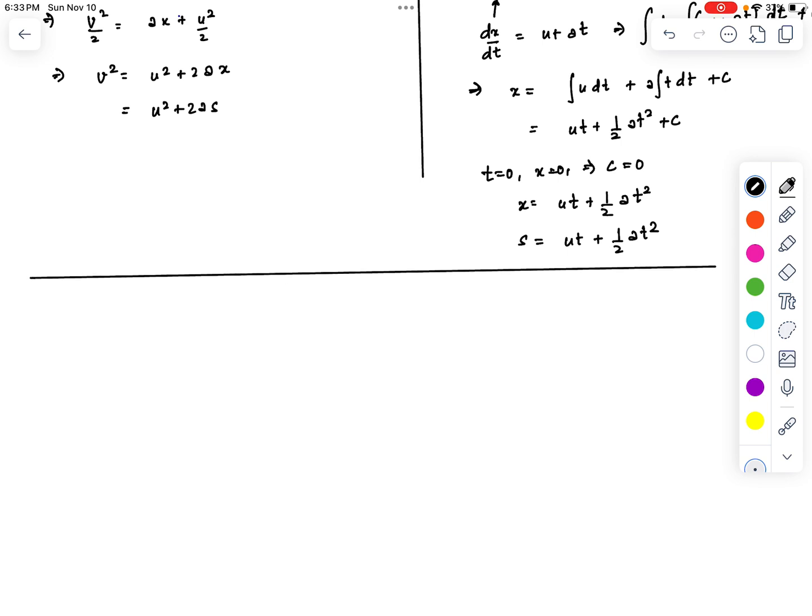Okay. So we know that the work energy theorem tells us that the work done equals the change in kinetic energy, and that's what we will prove.